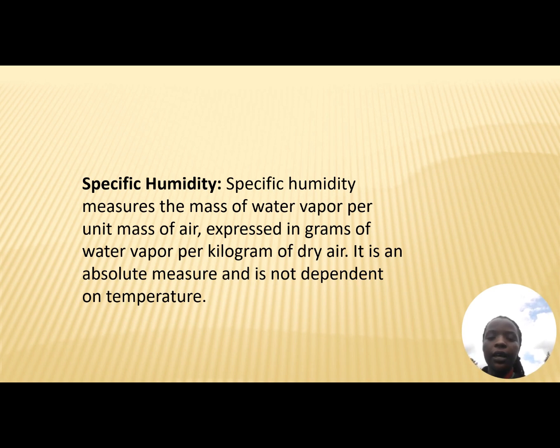It is an absolute measure and is not dependent on temperature. This means that when you measure the specific humidity of a specific place, we don't depend on temperature. We depend on water vapor per unit mass of air.